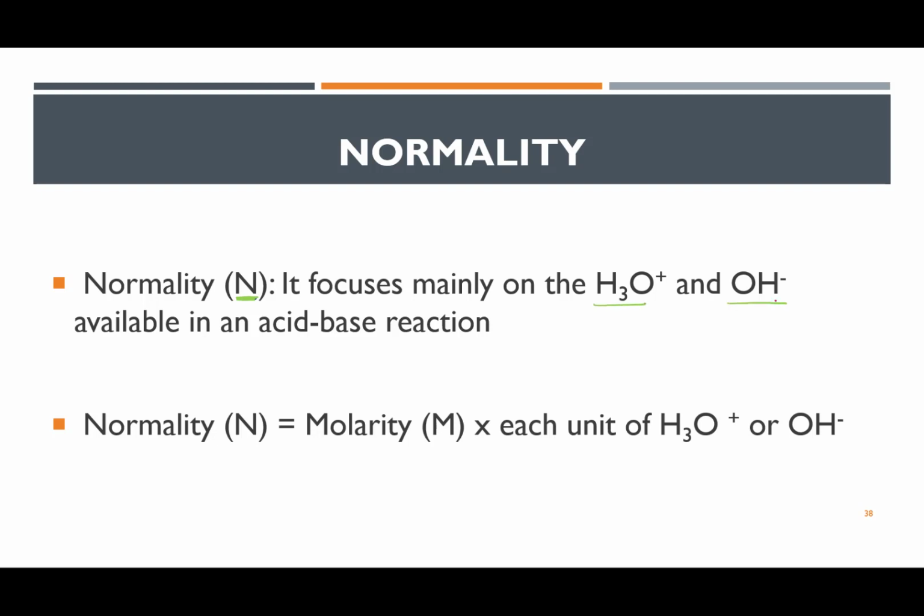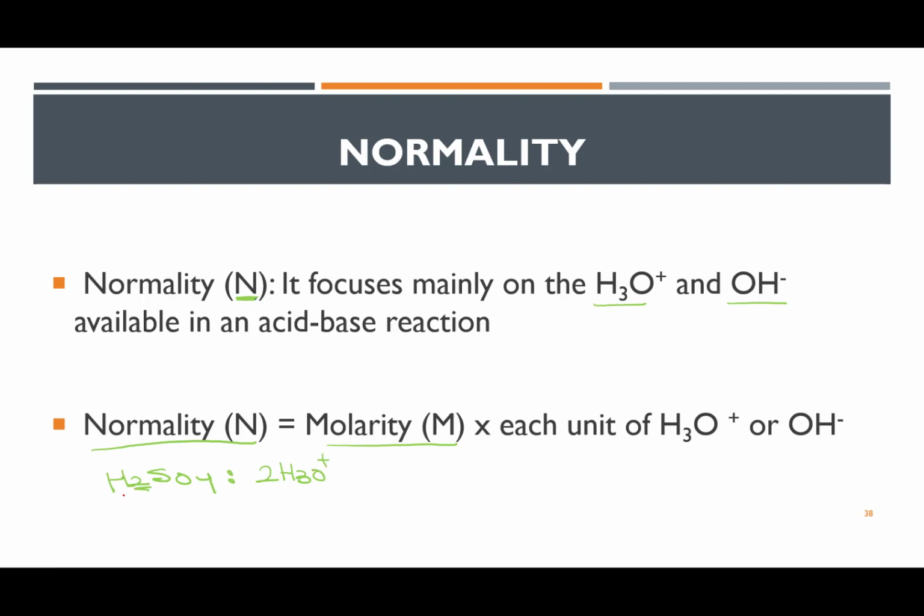To calculate normality, we multiply molarity by the number of either hydronium ions or hydroxide ions that we have. For example, consider sulfuric acid. How many units of hydronium does it have? It has 2 hydronium ions, doesn't it?